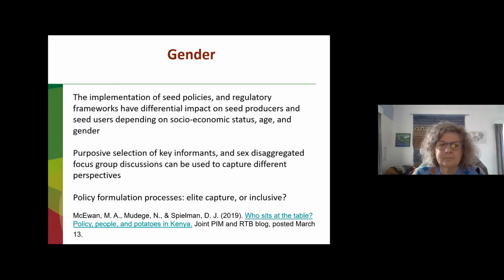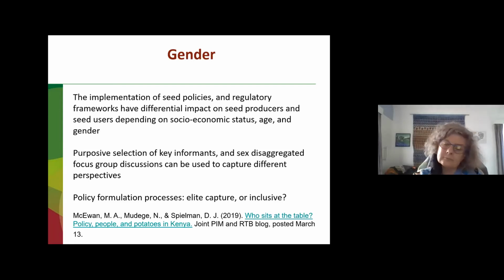And perhaps youth do not have access to such large amounts of land, or women may not be able to access this either. From the perspective of seed users, the price of seed will be different depending on whether it has been certified or whether the seed user is obtaining seed from their own farm, neighbors, etc.